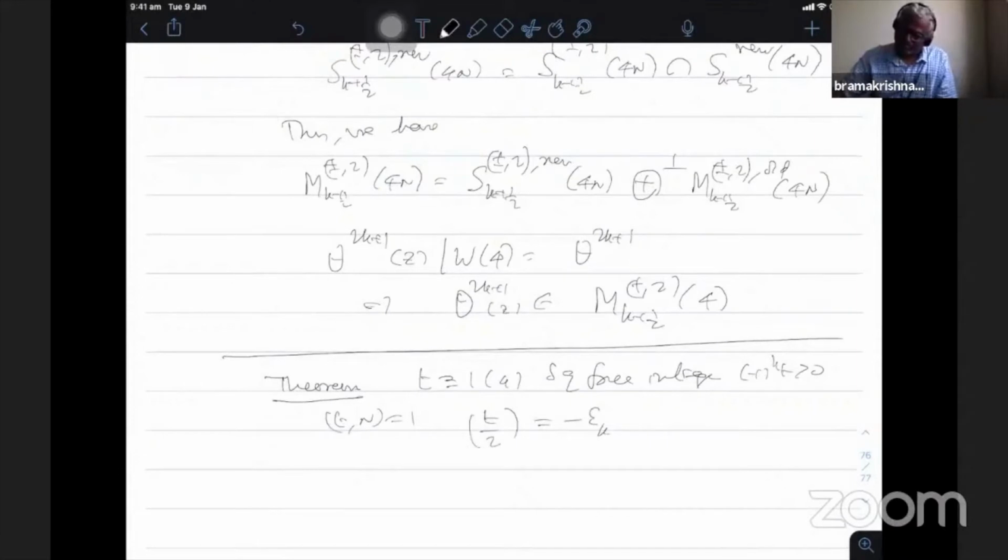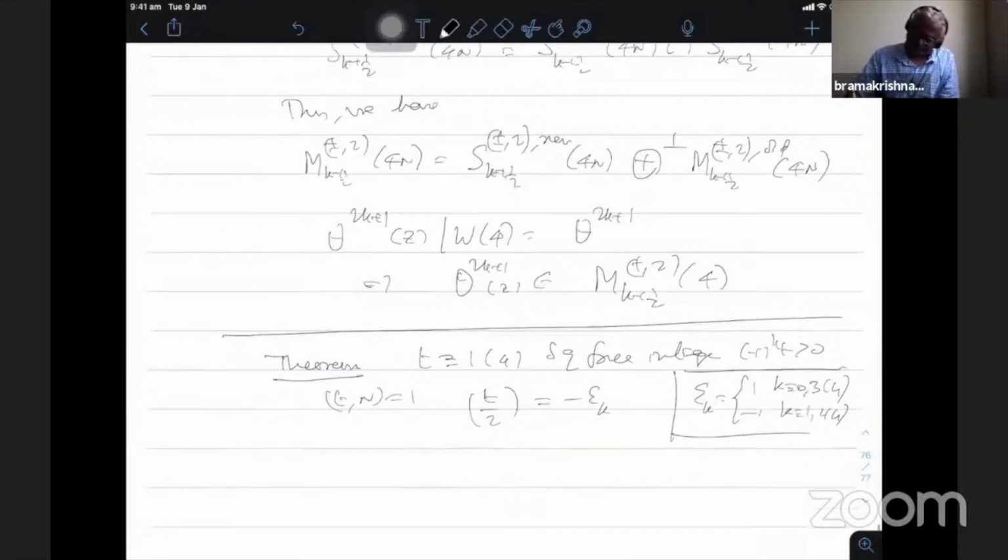So note that this epsilon_k is plus 1 or minus 1 according as k is congruent to 0 or 3 modulo 4, or k is congruent to 1 or 2 modulo 4. Using the parity of k, this is either plus 1 or minus 1. Assume (t/2) is this number plus or minus 1 according as k.